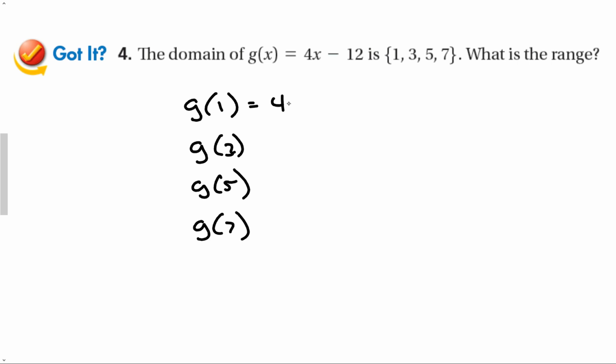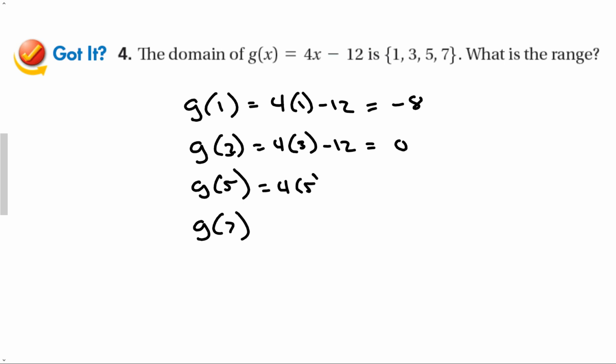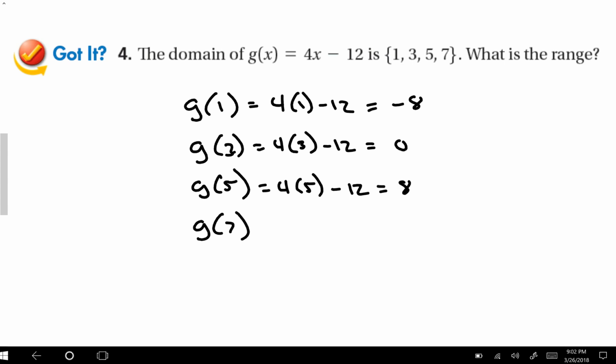G of 1 would be 4 times 1 minus 12, which is going to be negative 8. G of 3 would be 4 times 3 minus 12, which is 0. G of 5 would be 4 times 5 minus 12, which is positive 8.